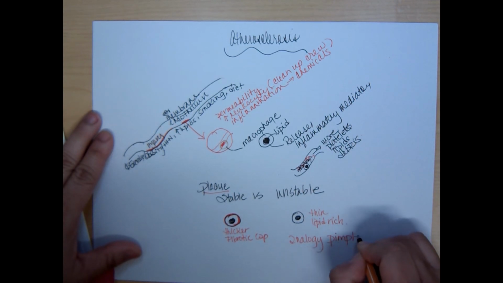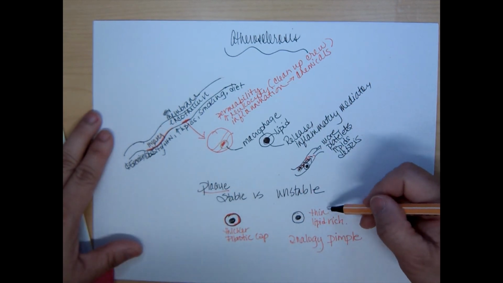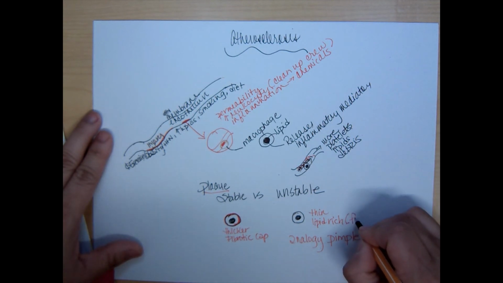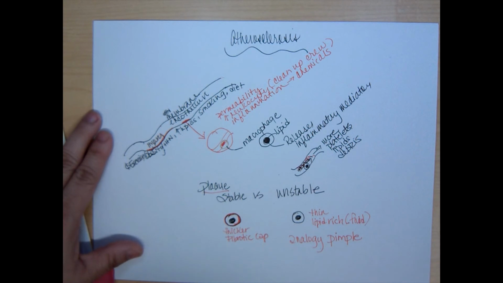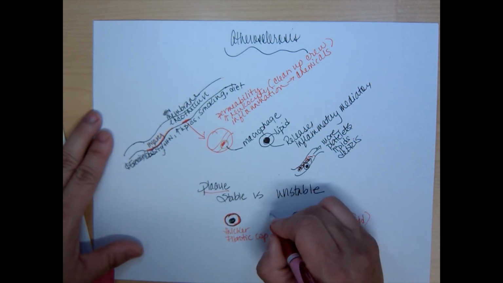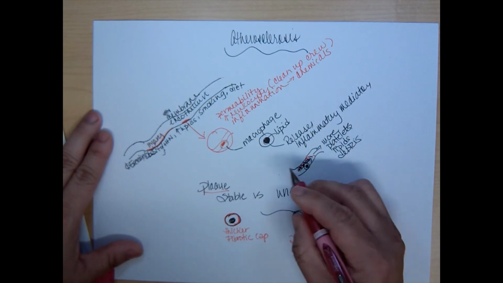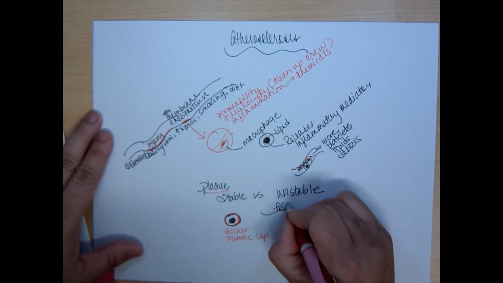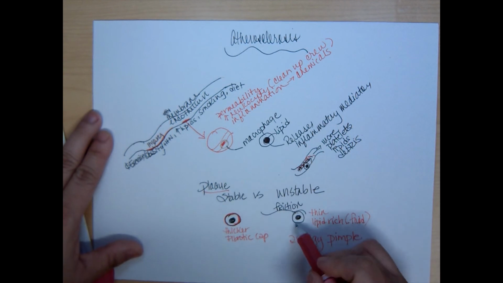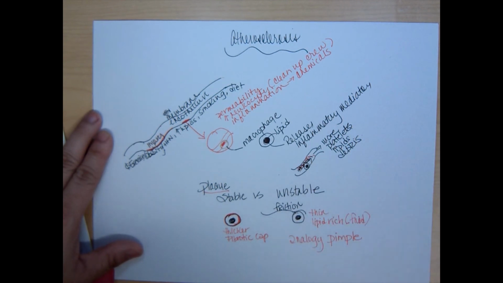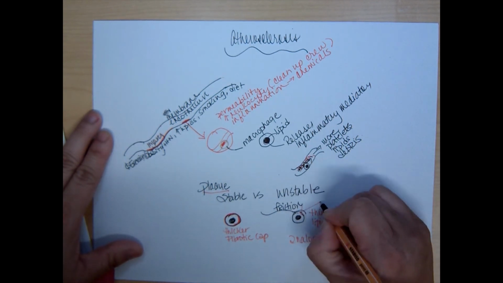If you have something thin and lipid rich, with fluid in there, all you really need is a little bit of friction and shear, and you can easily break that off.